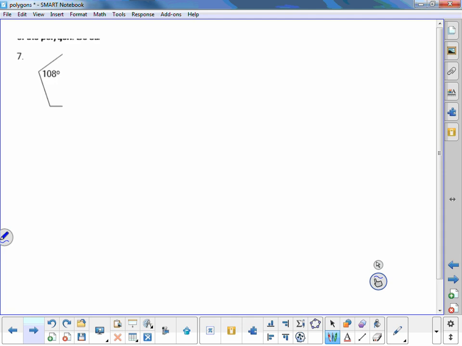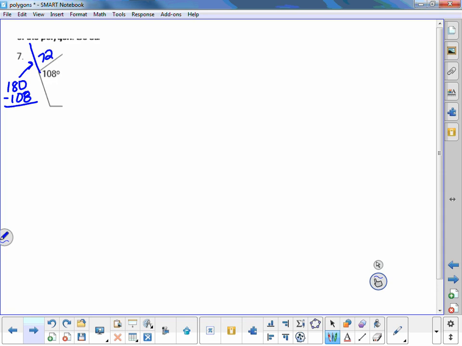Now, the last little part. They're not giving you the whole angle, but they want you to tell me how many sides it has. Well, let me tell you, this is easier than you thought. Look for the exterior angle. If the interior angle is 108, the exterior angle is 180 minus 108 because they're supplementary, which is 72.